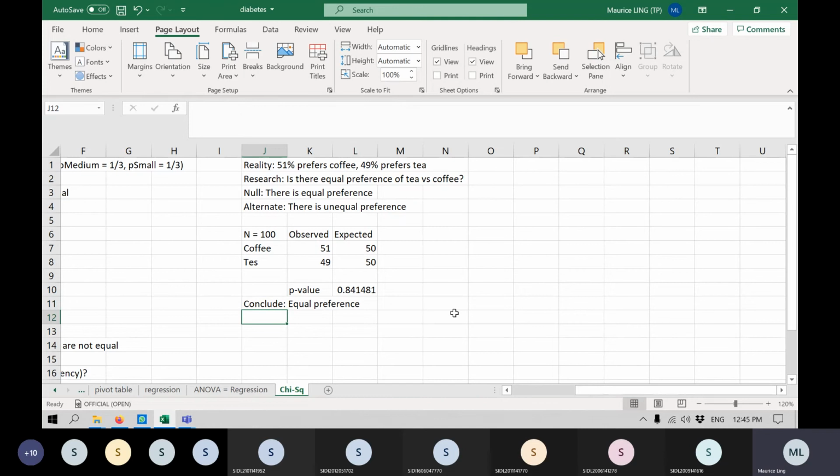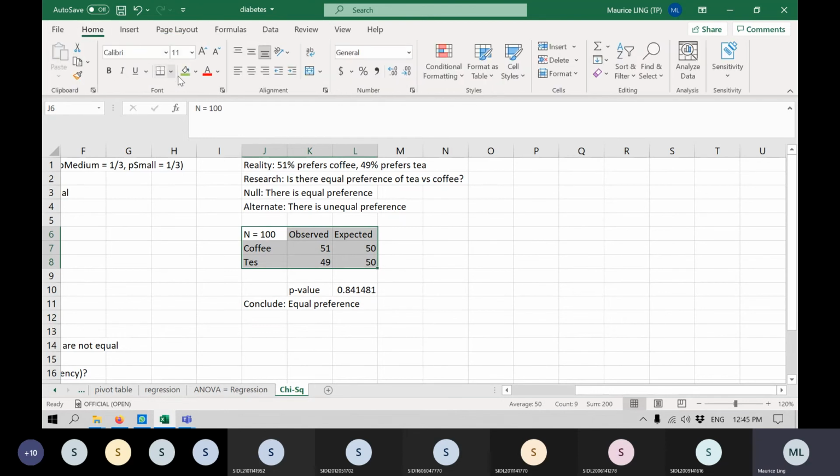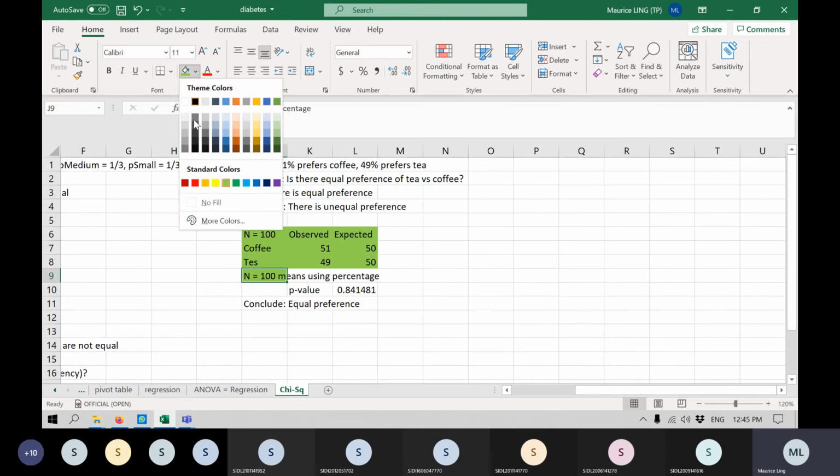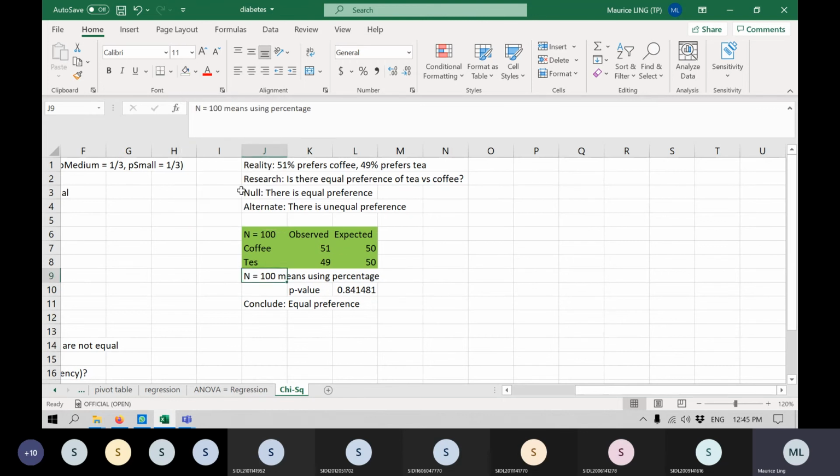So let us try the next part. Remember, here you are taking the percentage. N equals 100 means using percentage. Remember that. In fact, this line is quite important, so I'll highlight it in a different color. So why not?